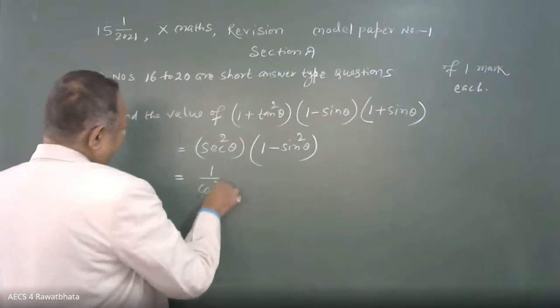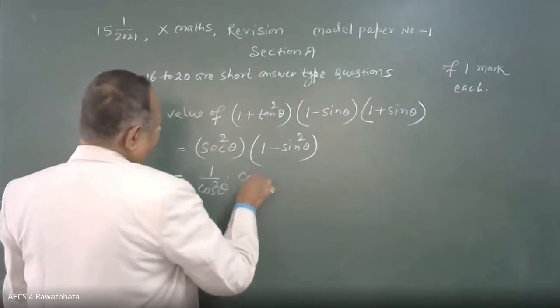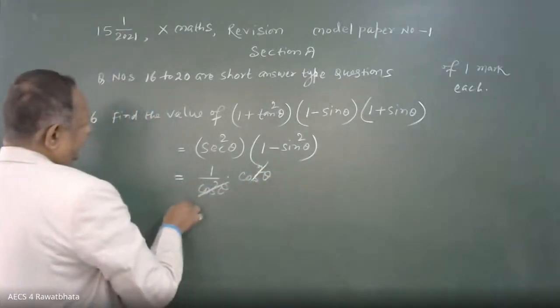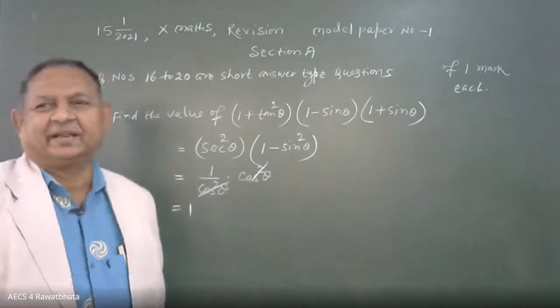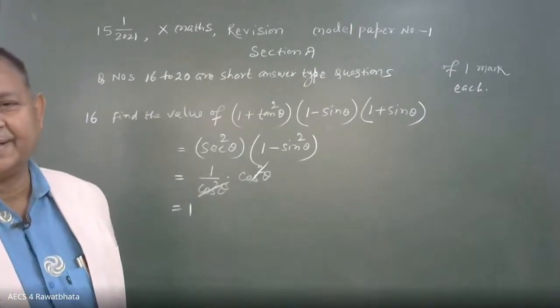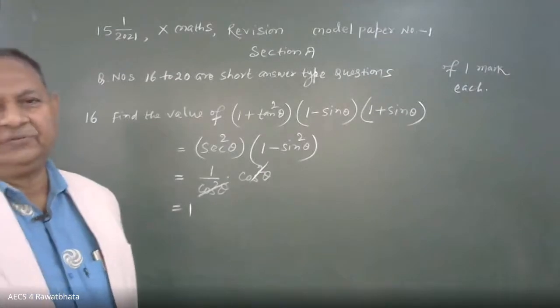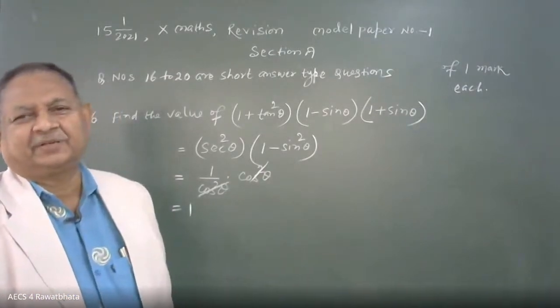So this is cancelled. Your answer is correct. 1 is the correct answer. So if we recall the identity, trigonometry becomes easy. So this is 1. Next question, 17.